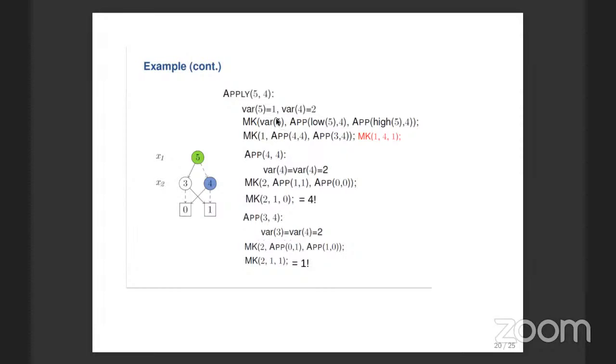Since the ordering is such that x1 is less than x2, you take the entire second argument and apply the function to the low side of BDD 5 and the high side of BDD 5. The result is made into a new BDD.